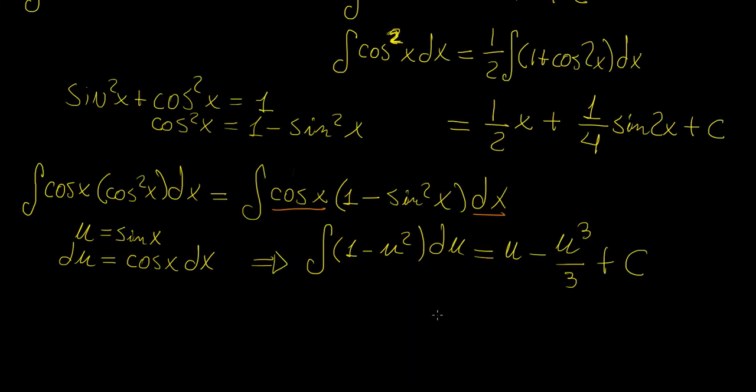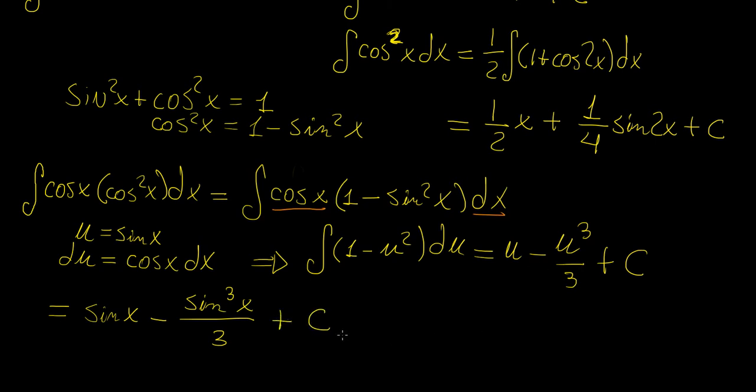And now to take this back into the original form, all we need to do is substitute back for the original function. So now we're going to get sine of x minus sine cubed of x over 3, and then plus the constant of integration c.